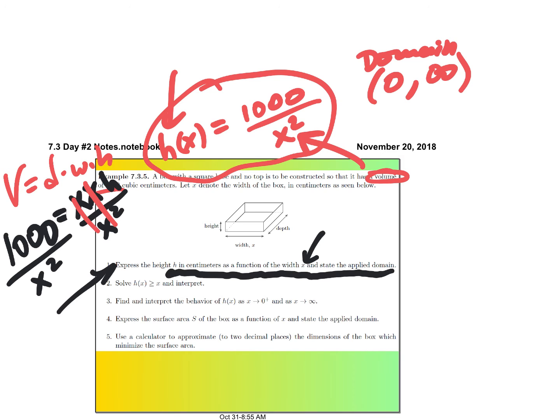Do you get that the bigger this is, the smaller this is? If you have a really big width and base of this box, then the height can't be very tall. It's got to have 1,000 total. So the bigger you make the x, the smaller the h.